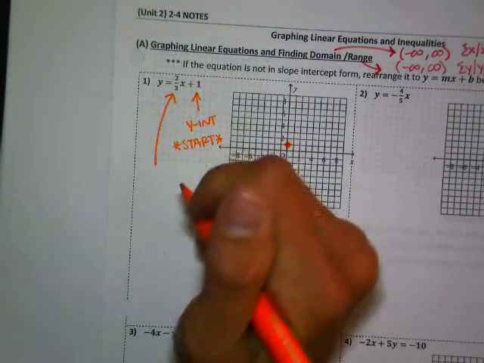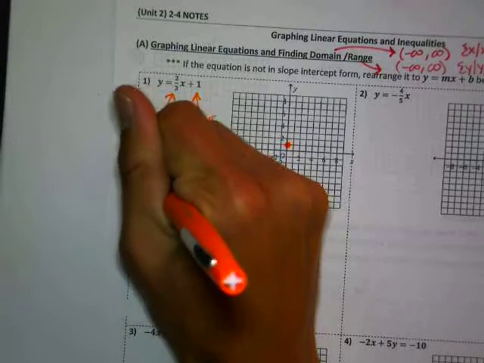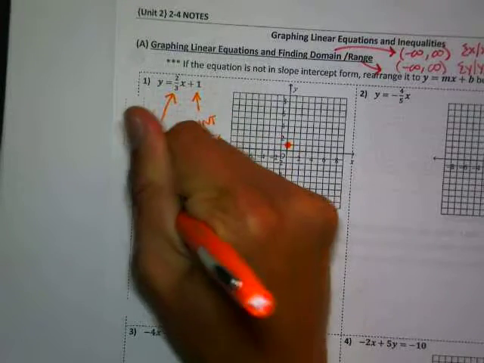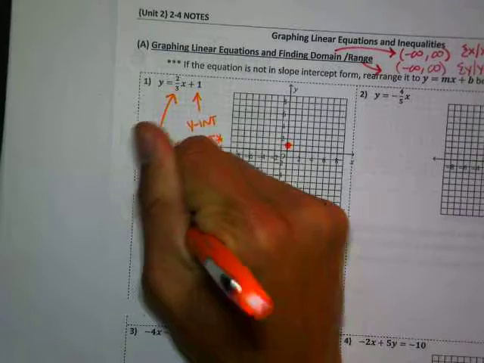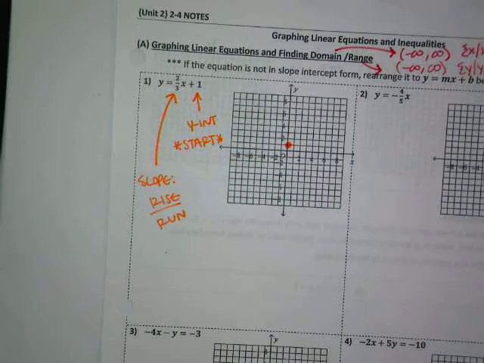The number with the x, that is your slope. And we're going to rise over run. If your slope is negative, you go down. If your slope is positive, you go up. And then always go to the right.